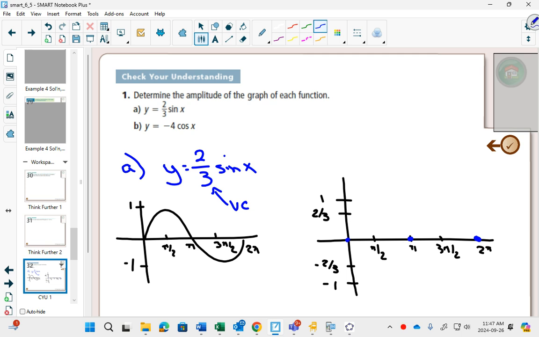So it changes your maximum value to 2/3 and your minimum value to -2/3. And our amplitude becomes 2/3.